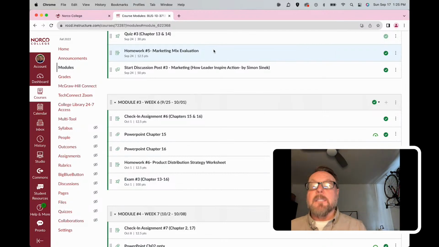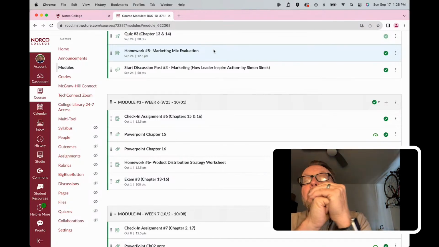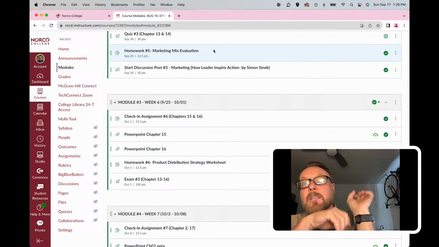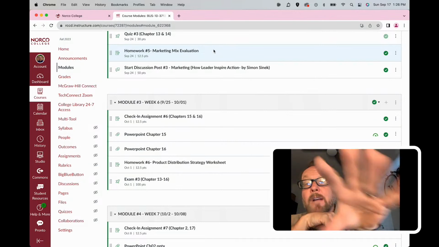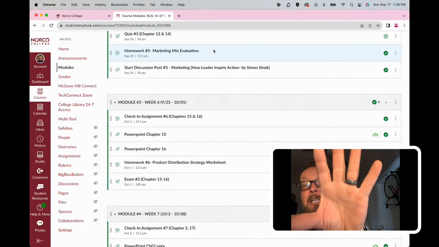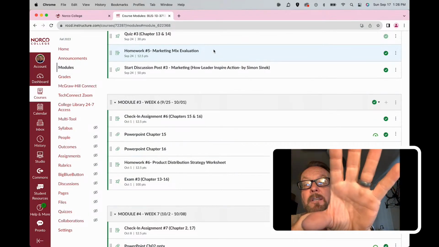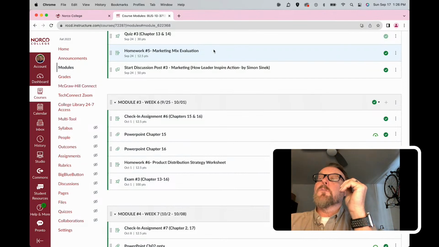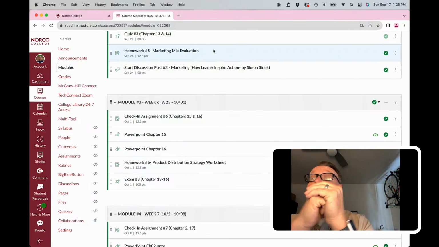In this assignment, you're going to be evaluating In-N-Out Burger's marketing mix. What do they do as far as pricing? What do you think their strategy is? What do you think about placement of their restaurants? What do you think their strategy is? What about their product, and how do they do their products? And then their promotions. What kind of strategy does In-N-Out Burger use for promotions?